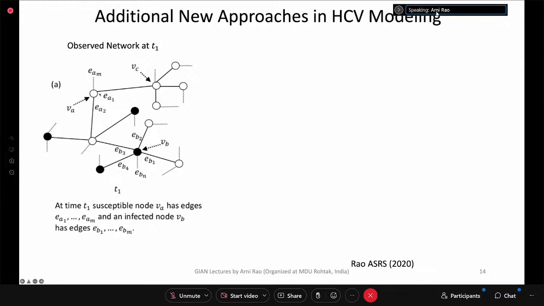These are all edges of the node, and these edges include some uninfected edges and infected edges. You see that there are two kinds of edges, infected and uninfected. Again, each node will have an attribute, and that attribute would decide the edges.